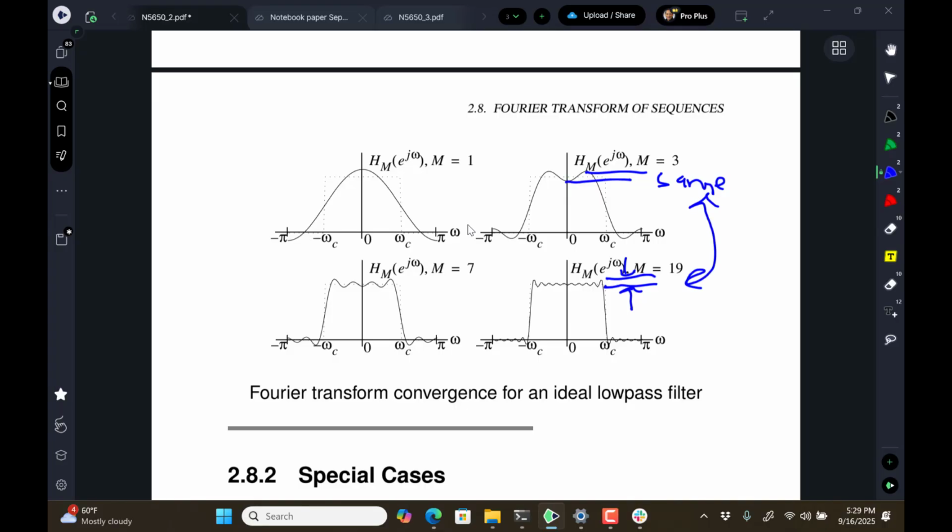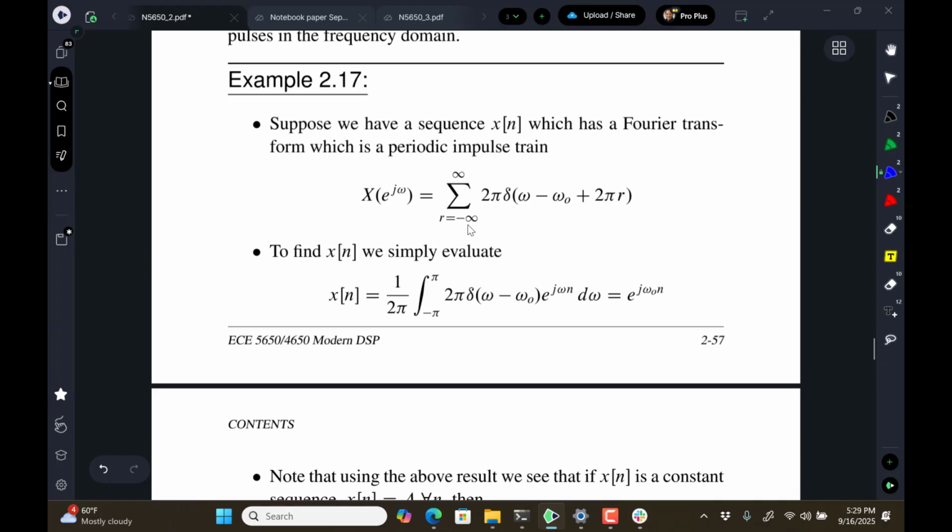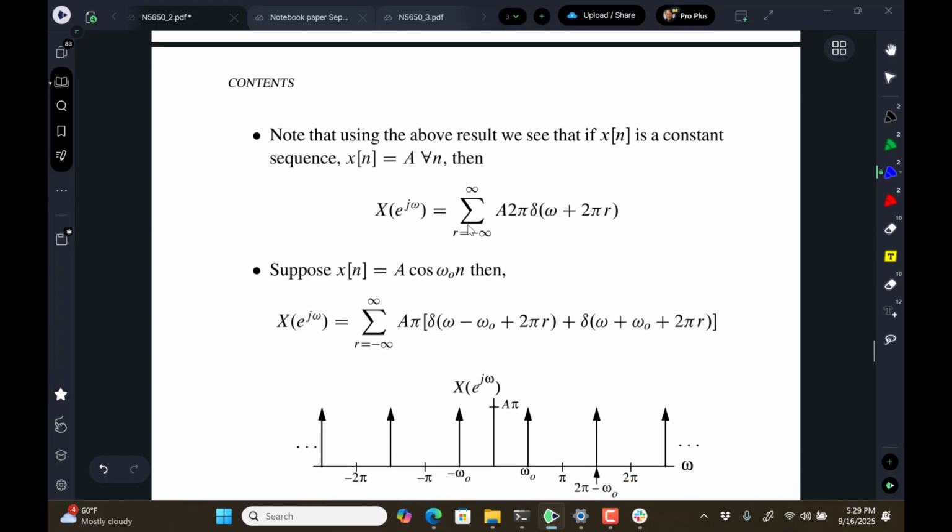So no matter how big you make m, this filter still has ripple. It has ripple in the pass band, it has ripple in the stop band. Extremely irritating. Agreed? You'd say, why can't I get rid of that? And the ripple is so large that it's only, I forget how many dB down it is.